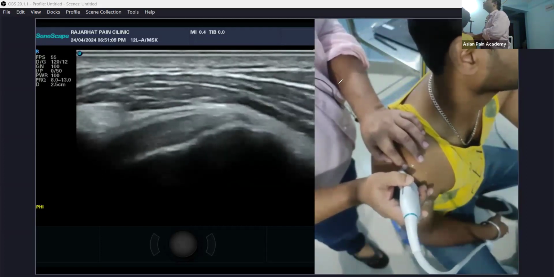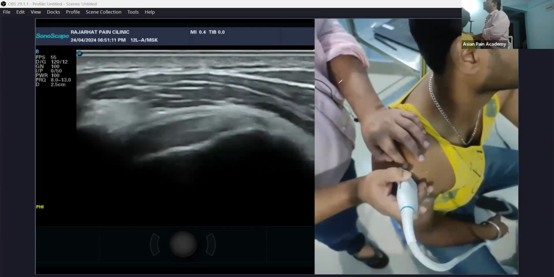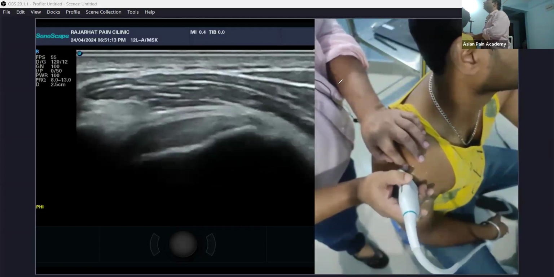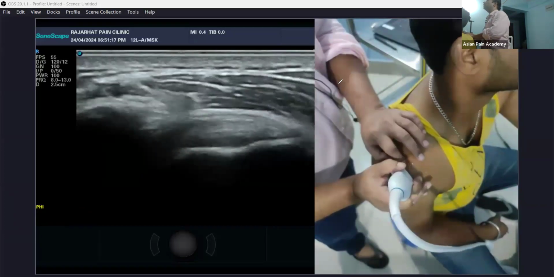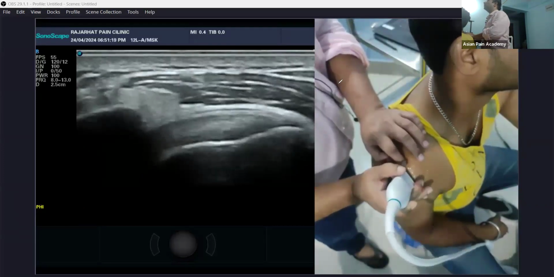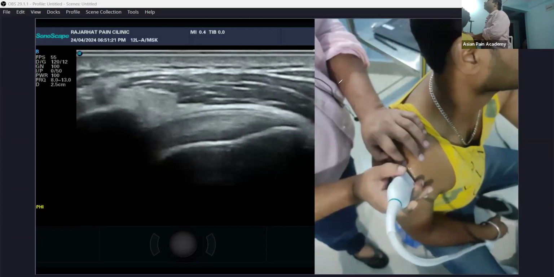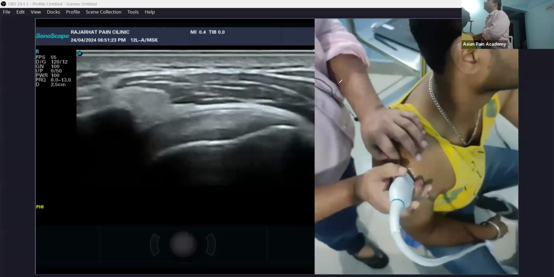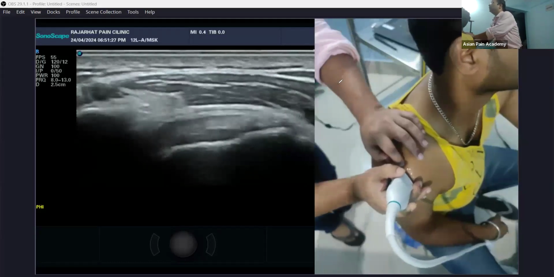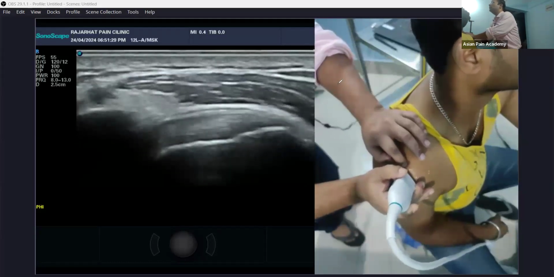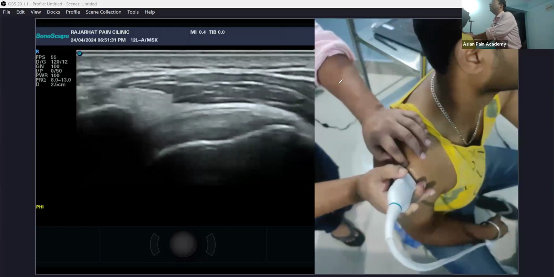In this complete white line there is a black line. So this is the bursa. This is the potential space for intervention. This is the subacromial subdeltoid bursa. Now it is coming much better. I think there is no confusion. Everyone has seen, understood? Any confusion?